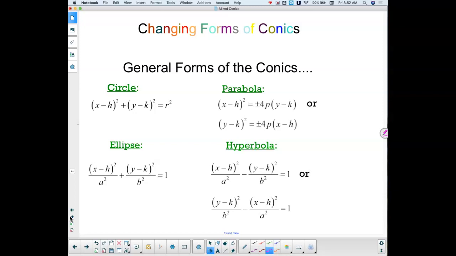Starting today, we are not going to do that anymore. We're just going to give you a flat-out straight equation, and you have to decide, 1, what it is, and then 2, get it into its general form so you can graph it. So that's what we're going to do.